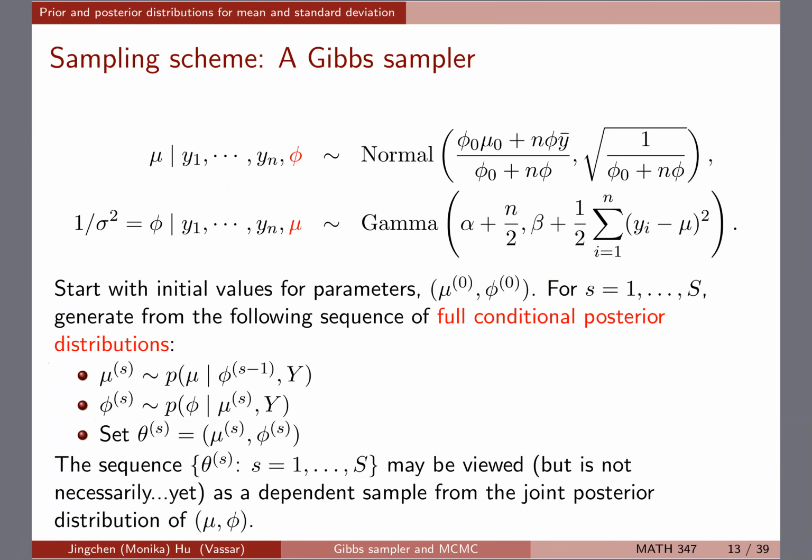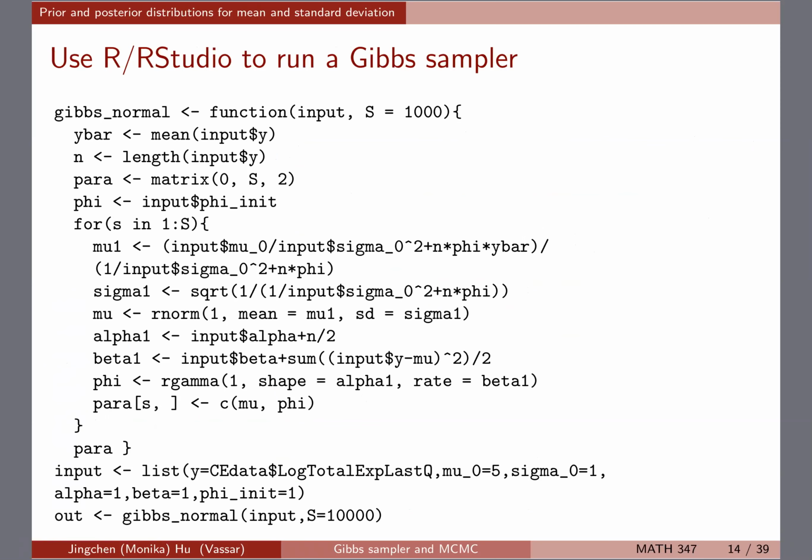And lastly, I showed you this sample code that I wrote. I specifically wrote it as a function called Gibbs_normal. I went through it line by line, just the general idea of how you write this function, in particular a for loop that iterates through S from 1 to capital S. Then you're going to get a mu 1, and a sigma 1 as well.